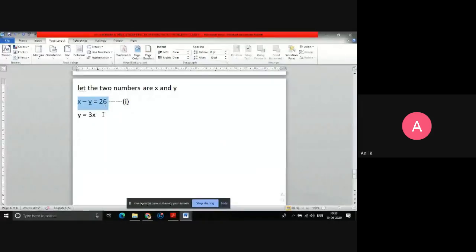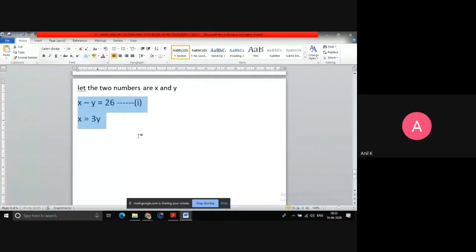Smaller number minus bigger number will give me a negative number, but this is a plus 26. So that means here you are assuming x is the bigger number and y is the smaller number. If x is the bigger number, it will equal 3 times the smaller number. This is where most of the students make the mistake. That's why I asked you the cross question so that you can understand very clearly. Is that clear? Why it is x equals to 3y and why it cannot be y equals to 3x.